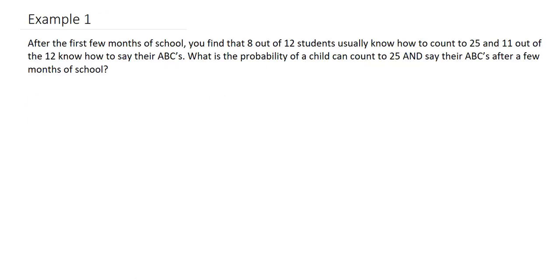So example 1: after the first few months of school, you find that 8 out of 12 students usually know how to count to 25, and 11 out of 12 know how to say their ABCs. So what is the probability of a child that can count to 25 and say their ABCs after a few months of school?